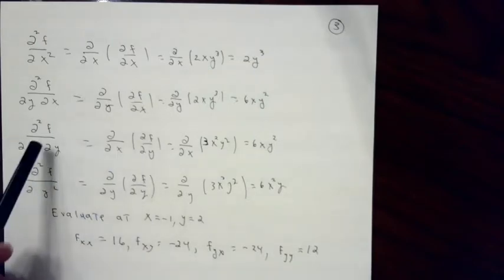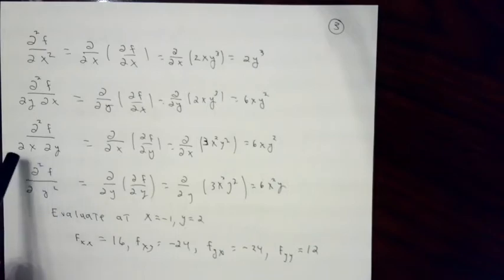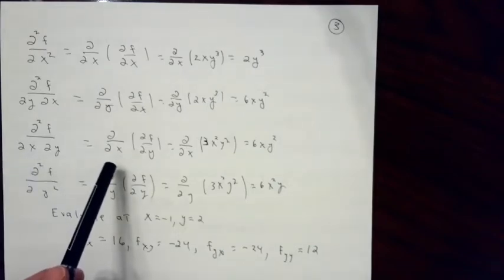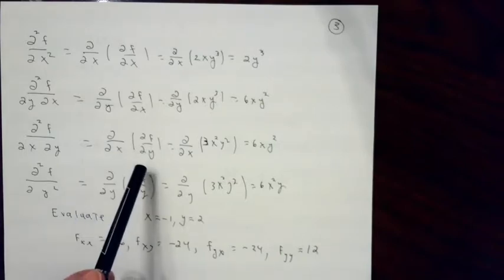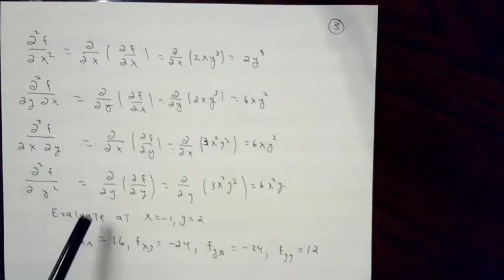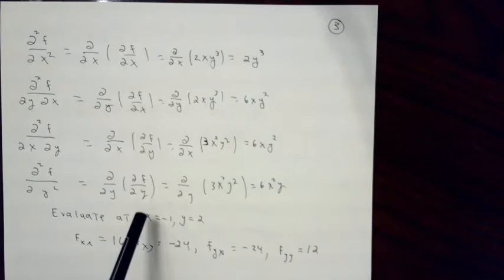Second partial of f first with respect to y, then with respect to x: you differentiate with respect to x whatever it was you got when you did the partial of f with respect to y. Second partial of f with respect to y both times is the partial with respect to y of the partial of f with respect to y.